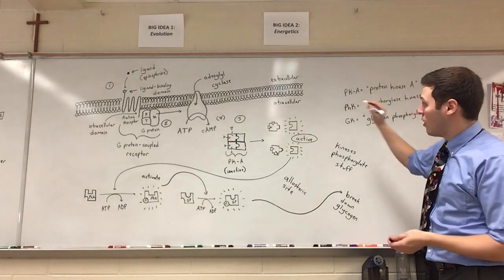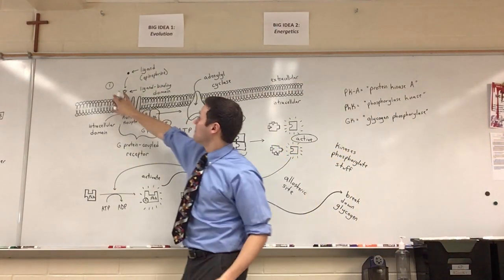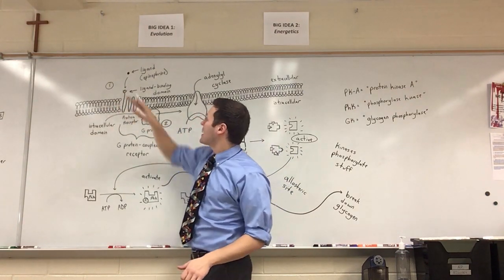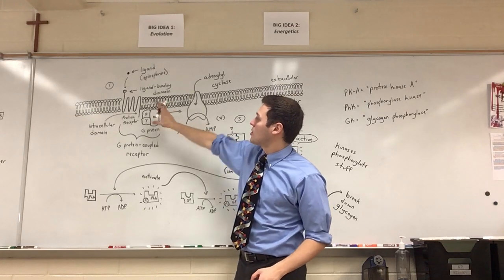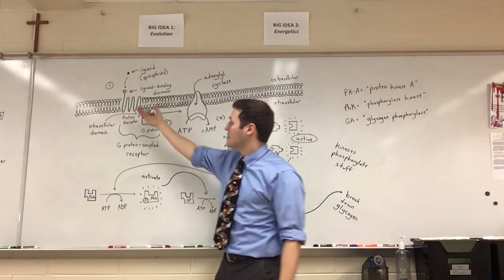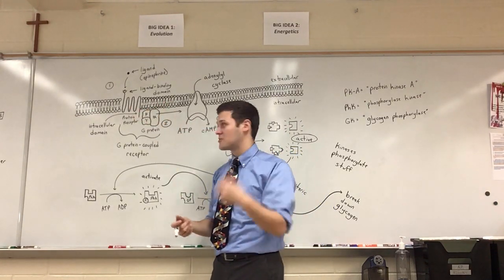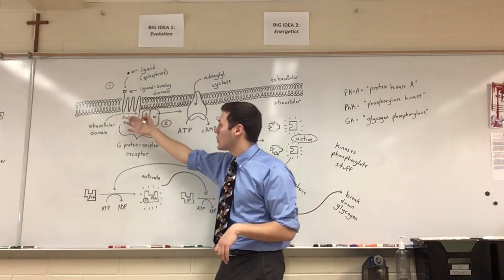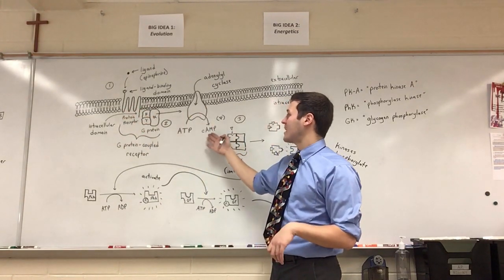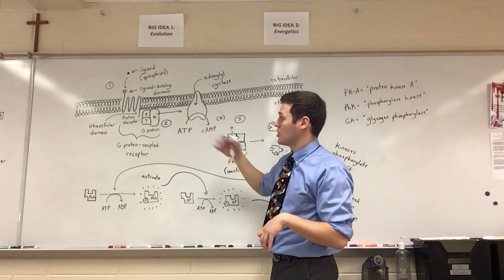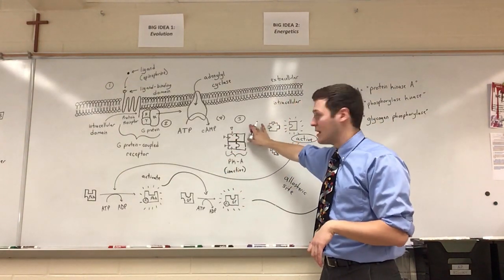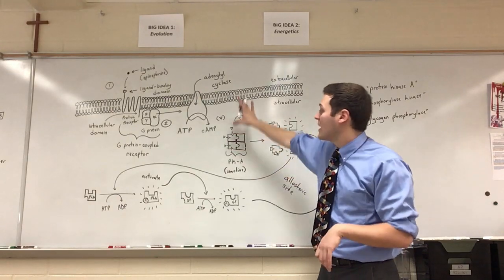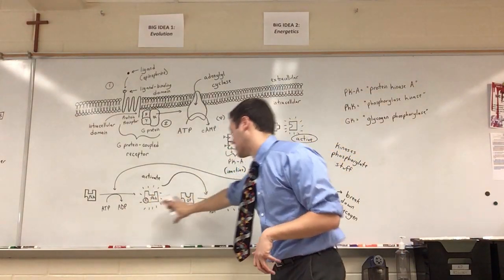So, all together, step 1, ligand binds to ligand binding domain. Step 2, the receptor undergoes a conformational change on the intracellular side, the intracellular domain, triggering the production of a secondary or second messenger. And then this second messenger, for step 3, will then trigger a new cascade of signals.